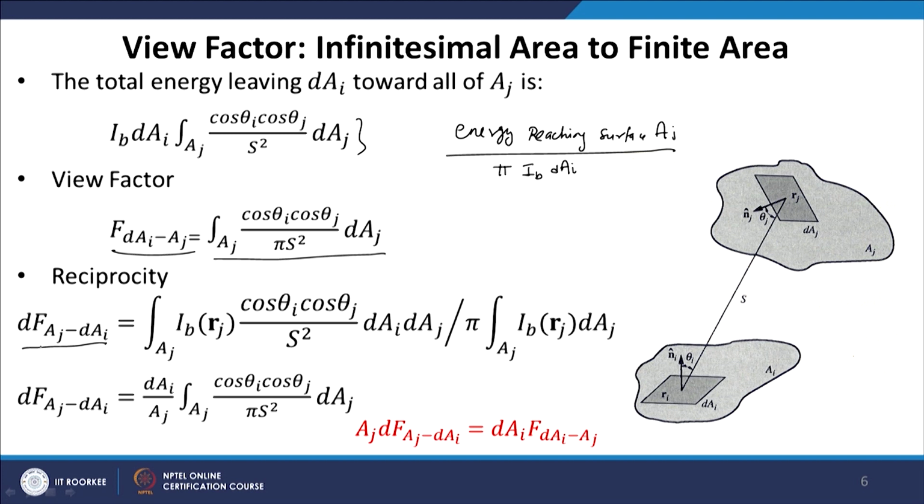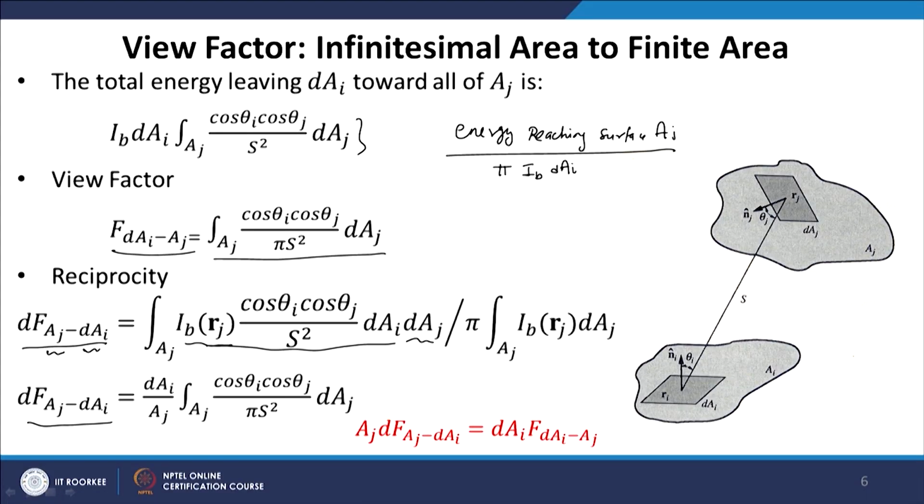So, we write dF from the entire area Aj to small area dAi is equal to the amount of energy emitted from the surface, integrated over the entire surface Aj. So, the first quantity is basically the amount of energy emitted from the total surface j reaching the small surface element dAi, and then we just integrate over the entire surface, divided by the total energy pi Ib dAi.